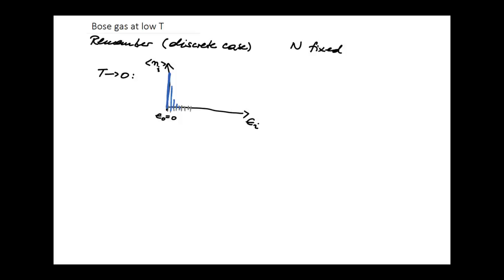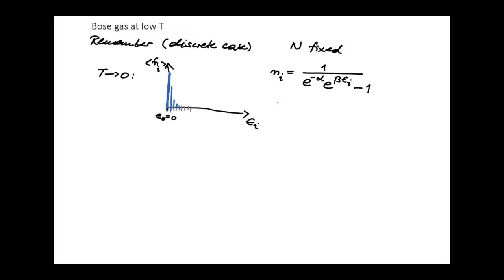The formula for the expected occupation of a given level, N_i, for simplicity I'm omitting now these expectation value signs. N_i, the expected occupation, is given by 1 over, let me write it in terms of alpha rather than the chemical potential, e to the minus alpha, e to the power inverse temperature times epsilon_i, minus 1.